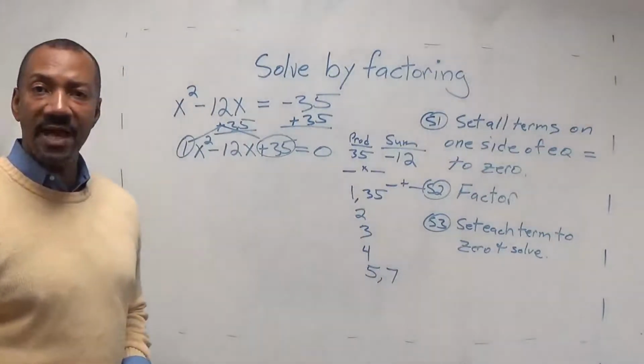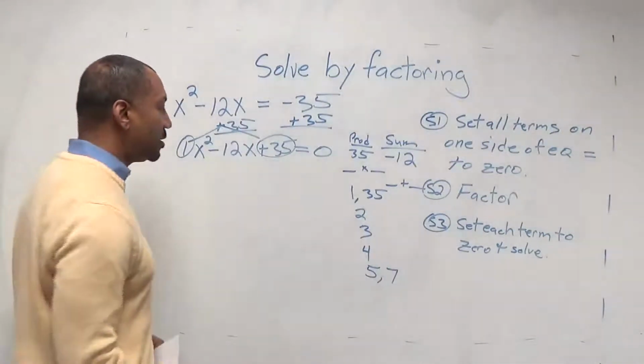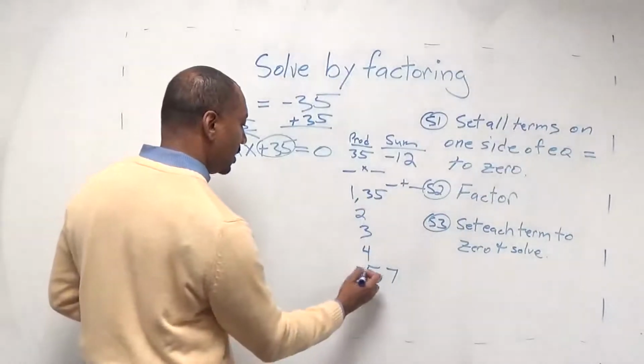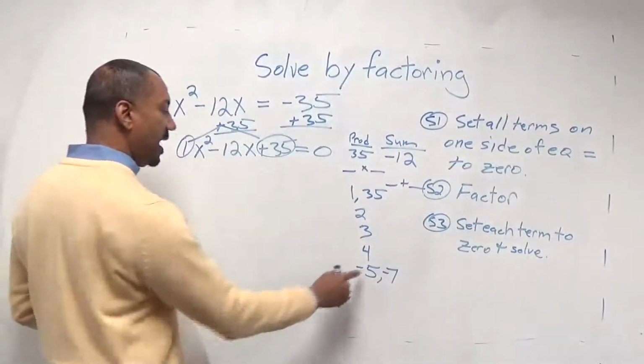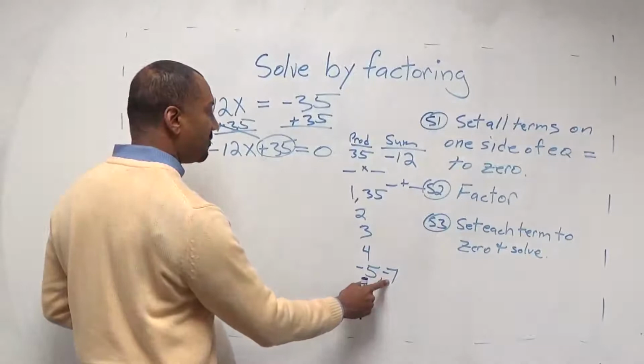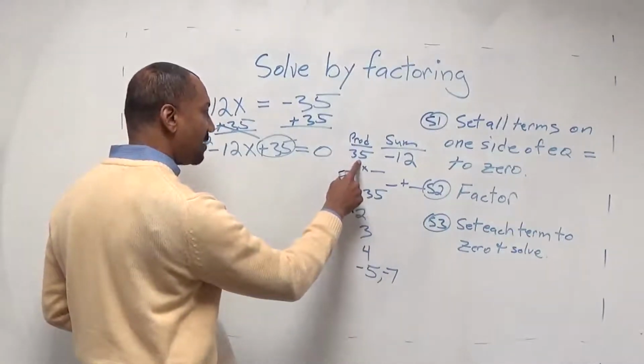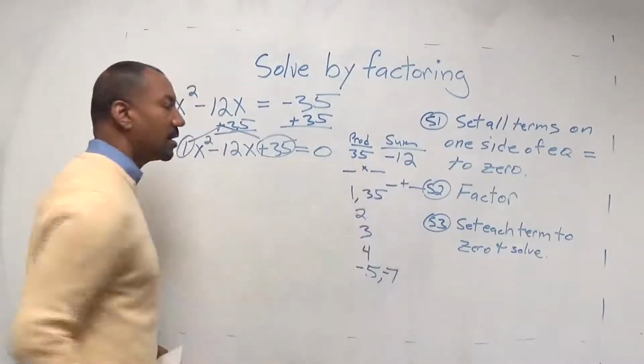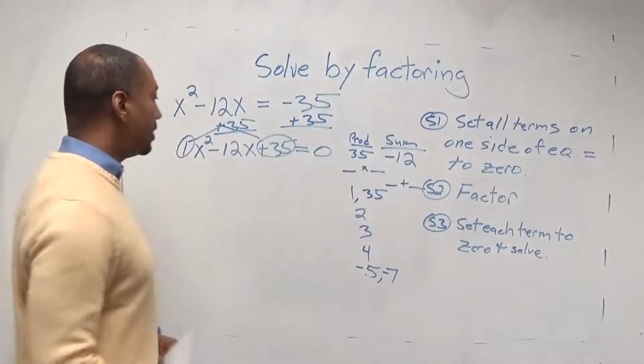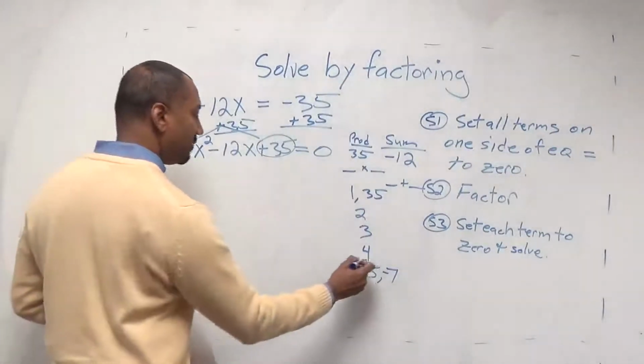I think if I get the signs right on those 2 numbers, I'll be in good shape. Let's make them both negative. Negative 5 times negative 7 gives me a positive 35, and these 2 also add up to give you negative 12. So those are the numbers that I was looking for.